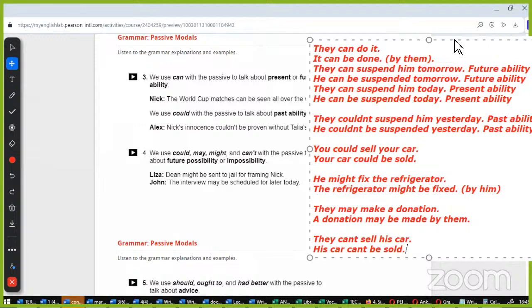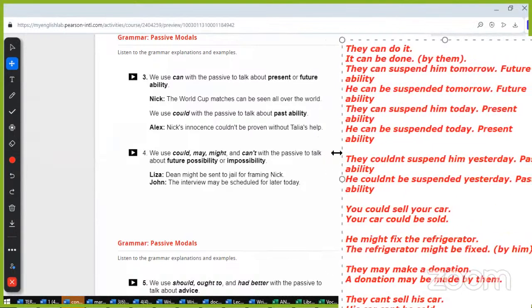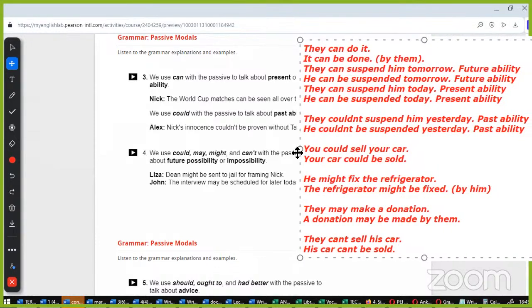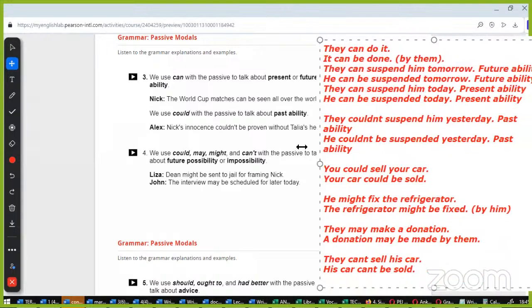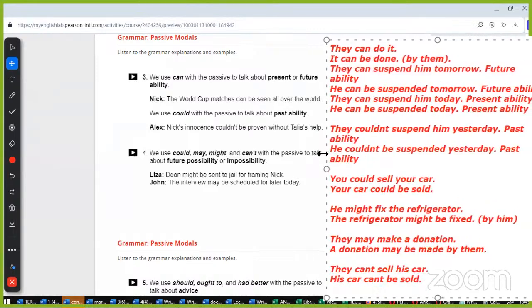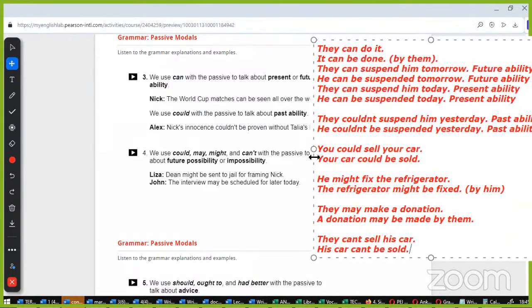Could, may, might, and can is just for future? No, it's like he might fix the refrigerator. It could express present or future also. Okay, because in number 4 you say that it is future. Yes, it can express the future, but it can also express the present. Okay, mister.